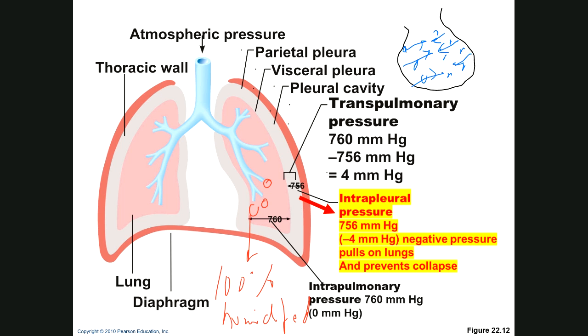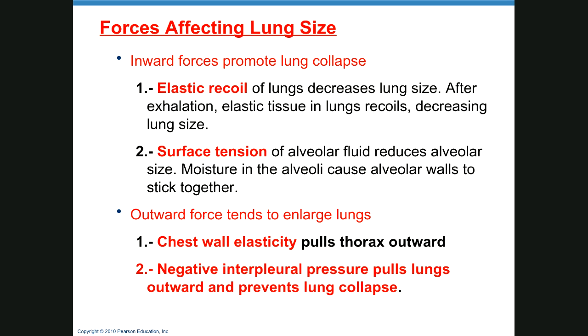Type 2 cells in the alveoli make a substance called surfactant. And surfactant is like a soap that is going to position itself between the water molecules and prevent them from wanting to come together. So surfactant is going to decrease this surface tension in the alveoli that is wanting to collapse them.